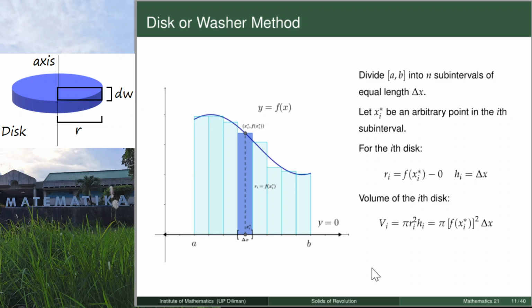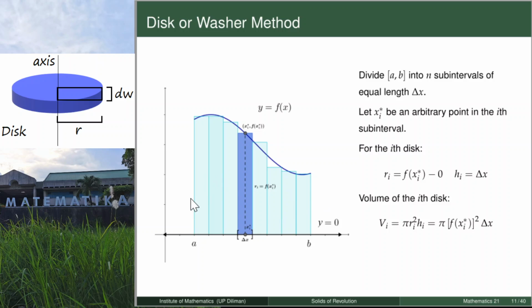Okay? So, how do we get more rectangles? That means that we should have more subintervals. Okay? And that means we should increase the number n. So if we increase n, there will be more subintervals and there will be more rectangles.